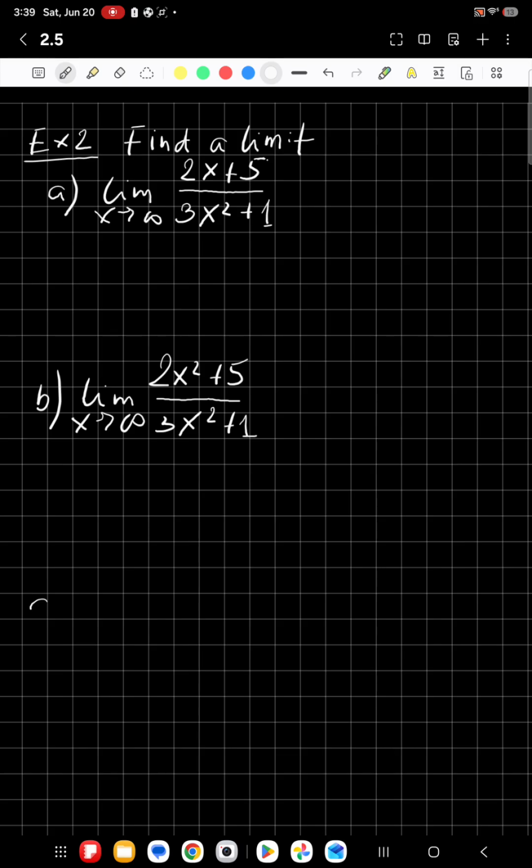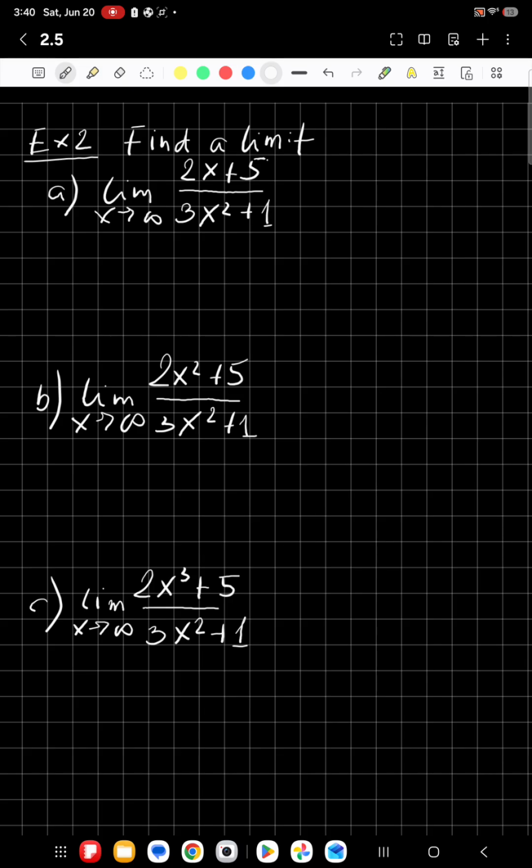And the last one, c: the limit of 2x cubed plus 5 over 3x squared plus 1.